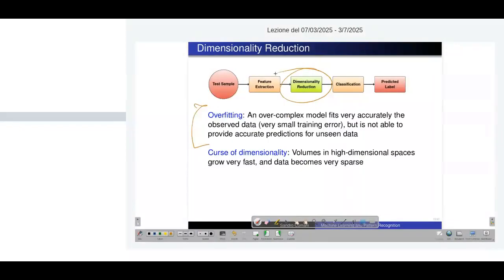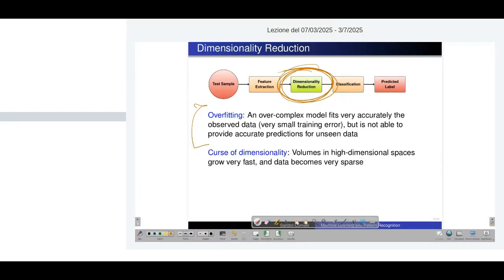We learn characteristics that are useful for discriminating classes in the training set, but that are actually artifacts that appear only in the training set images, in the training set samples. We did an example with images yesterday.